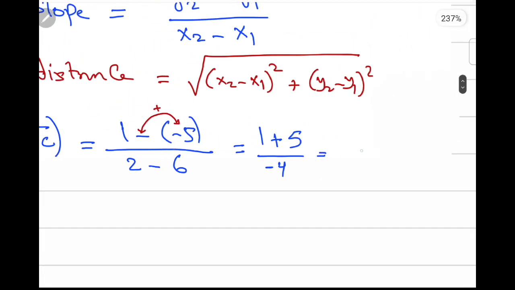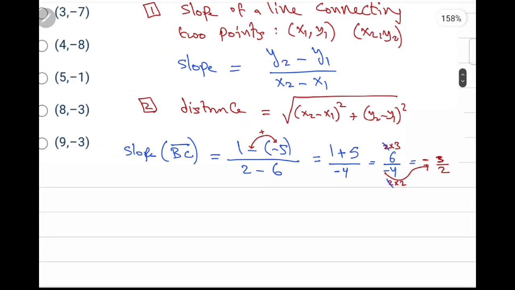So the answer will be 6 divided by minus 4, and we know that there is a common factor which is 2, so we can cancel the 2 and we have minus 3 divided by 2. So that's the slope of BC.